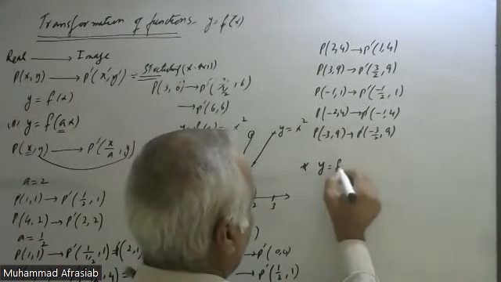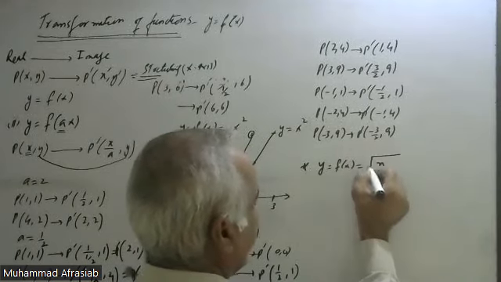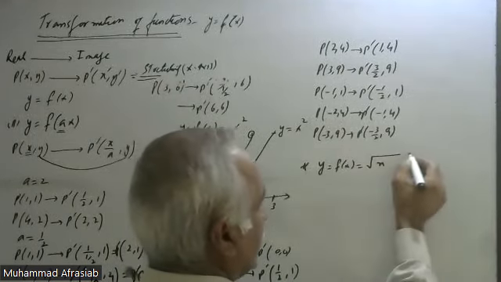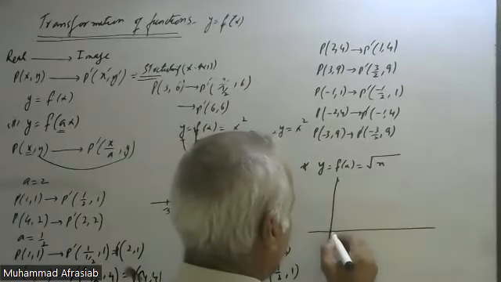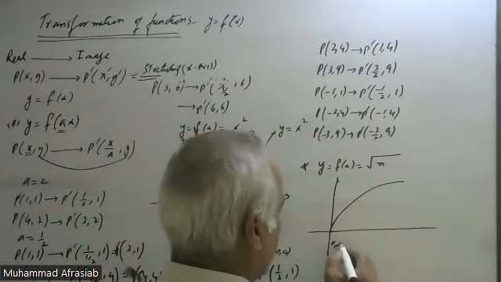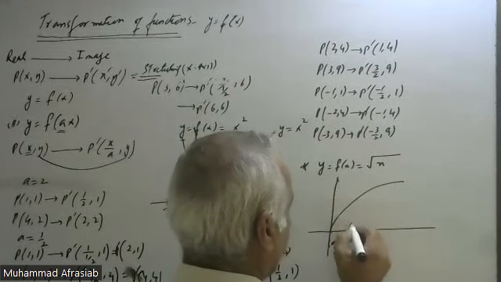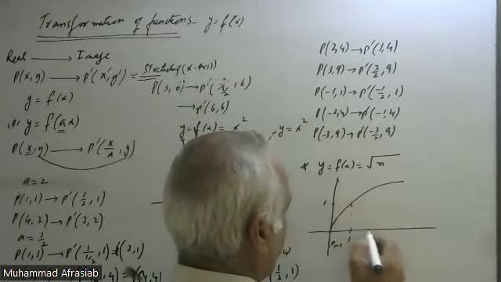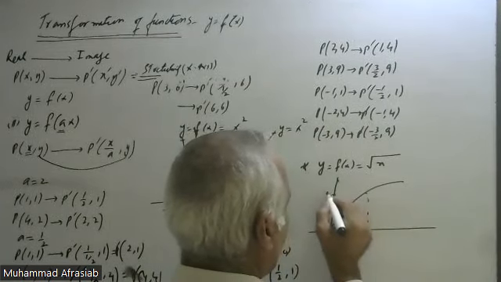Y is equal to f of x, and that is equal to square root of x. We know that the graph of this function is basically equal to this. For 0, 0 it is 0. For 1 it is 1. For 4 it is 2.